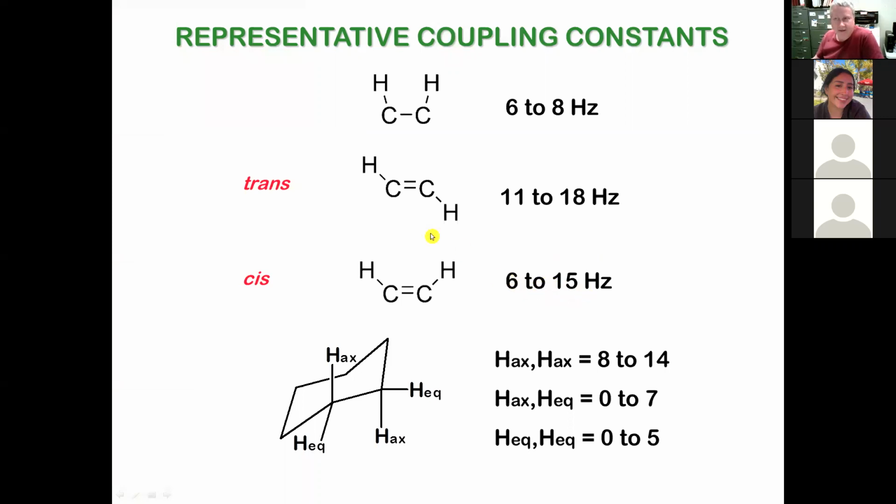This might be a typo, and I should double check that. But usually cis ends at around 10. If I need to distinguish a trans alkene from a cis alkene, it's pretty easy with the J value. And axial and equatorial protons can often be distinguished also. So you can get some geometrical information from J values.